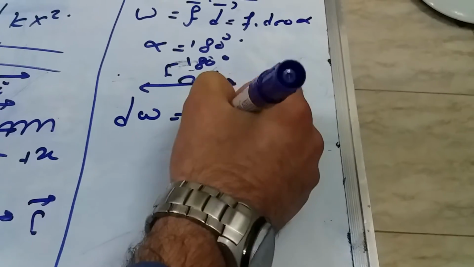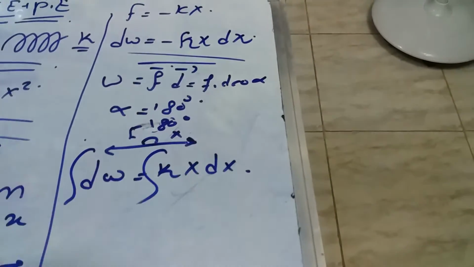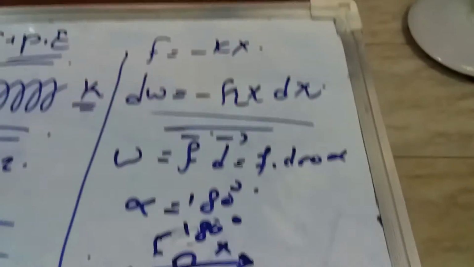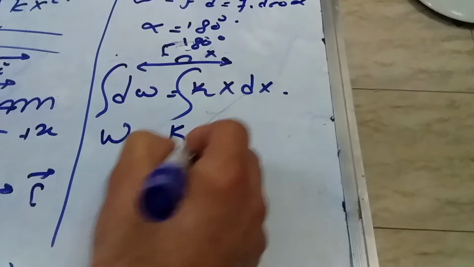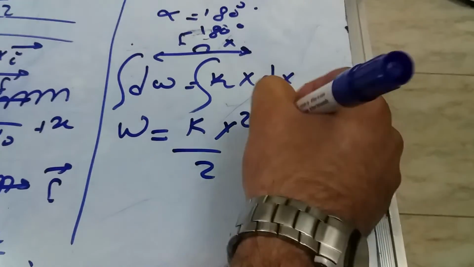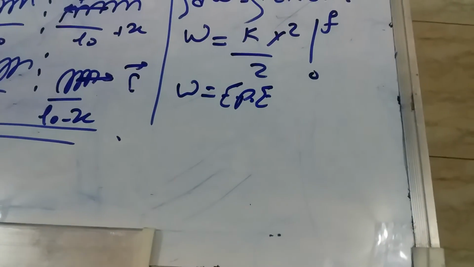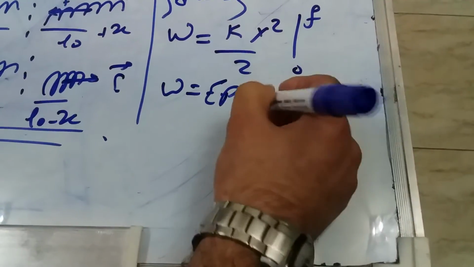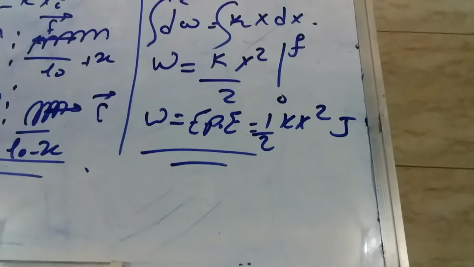Therefore dW is equal to kx dx. If we integrate both sides, we get W equal to kx squared over 2, from x initial to x final. So W, which is equal to the energy EPE stored in the spring, is equal to half kx squared, measured in joules.